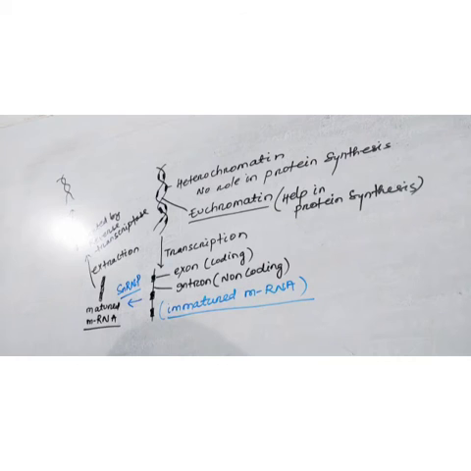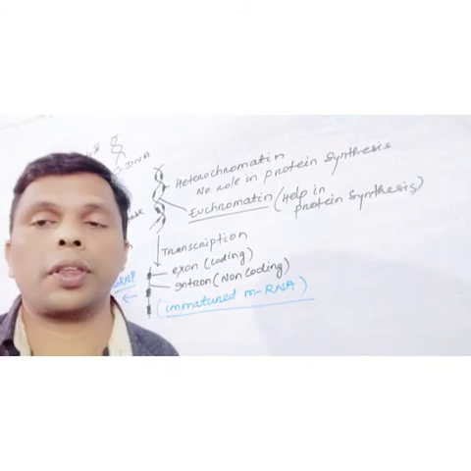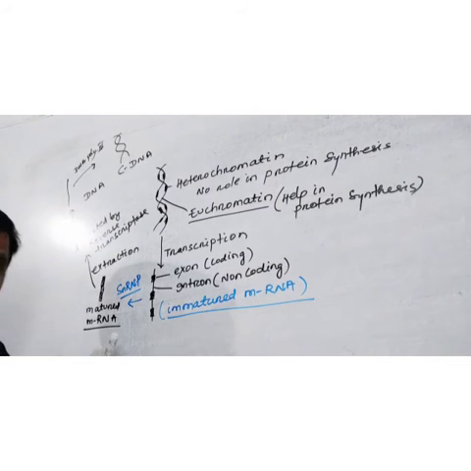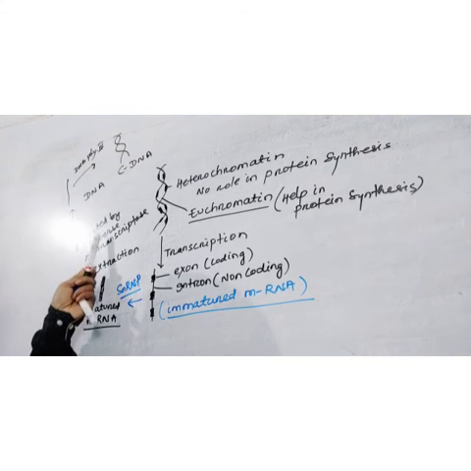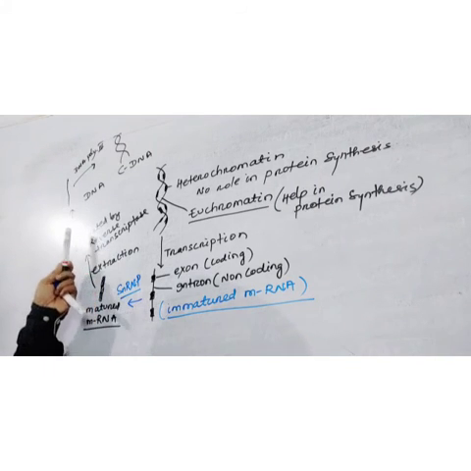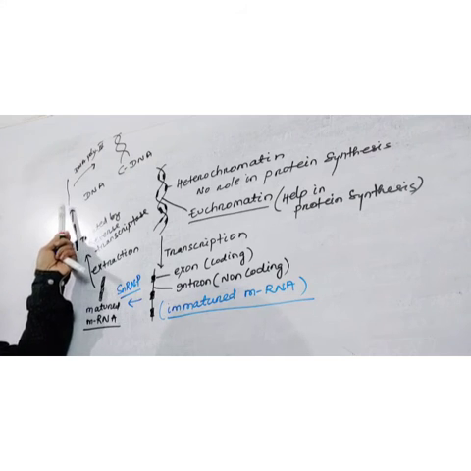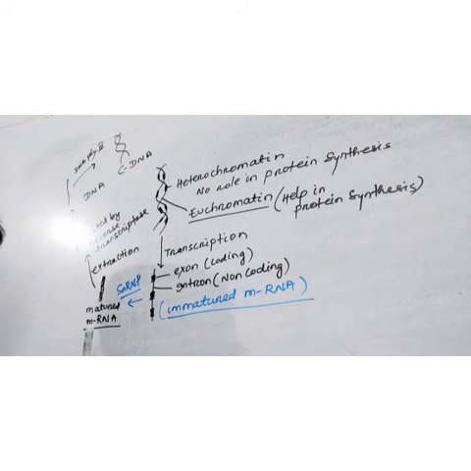This complementary DNA is single stranded. When this matured RNA is extracted and treated with reverse transcriptase, it produces complementary DNA.